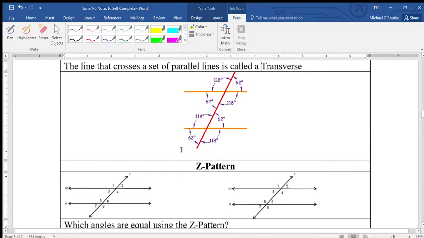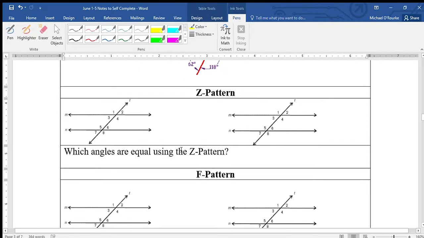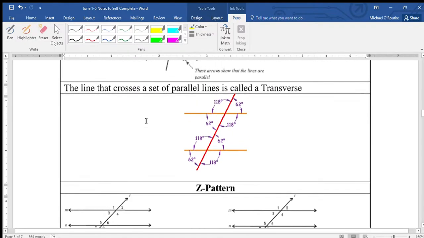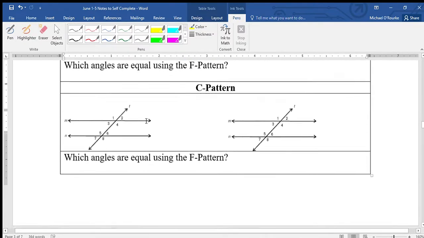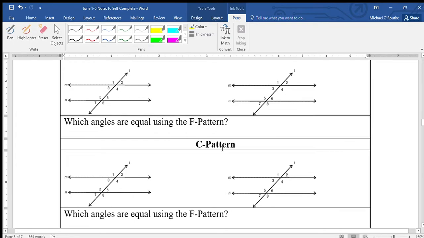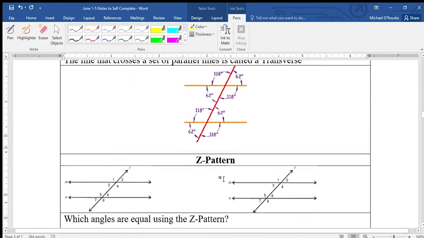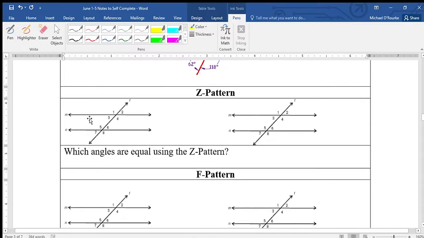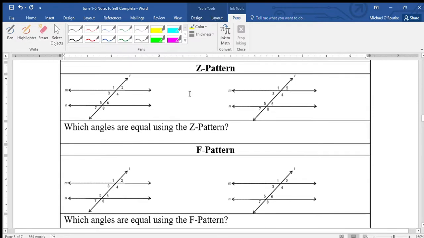solutions and finding angles. So there are three patterns I've got to work with. Let me switch that letter because I just recognized it now. So if we take a look here, a Z pattern.